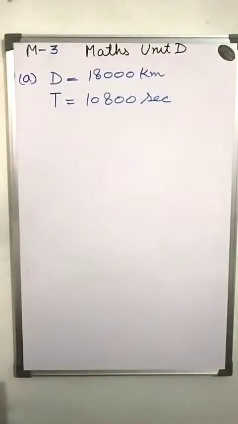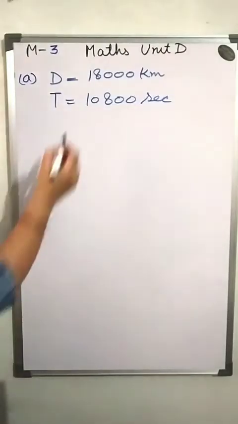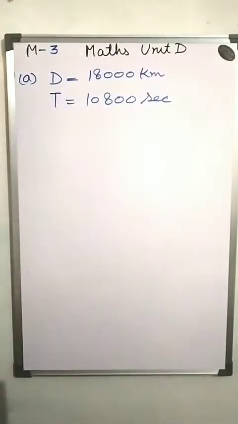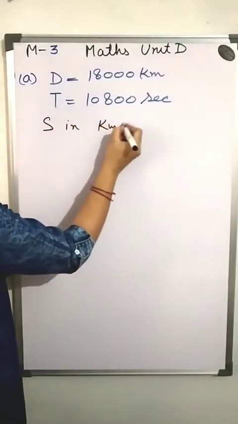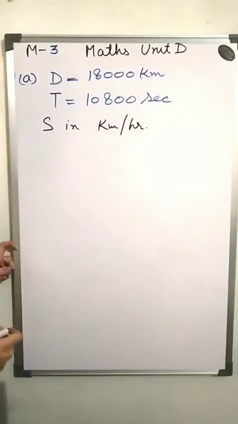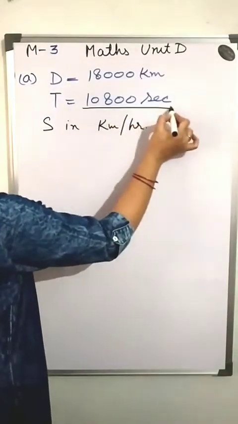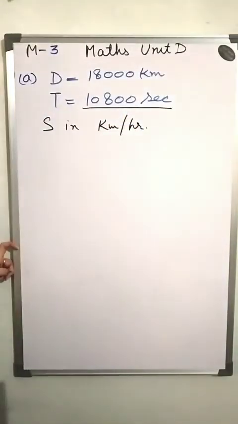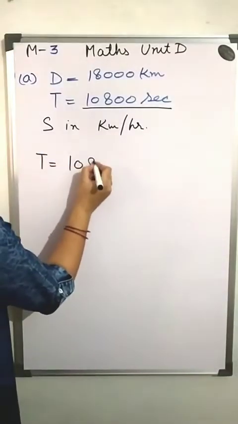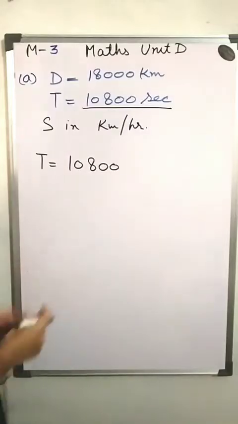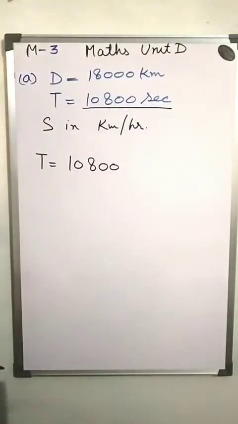Now come to module number 3. Here the distance is given to you, 18,000 kilometer, and time is equal to 10,800 seconds, and you have to calculate speed in kilometer per hour. So it means first we have to convert this time into hours. 1 hour is equal to 60 minutes and 1 minute is equal to 60 seconds.